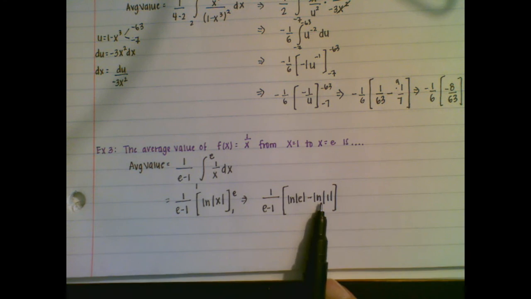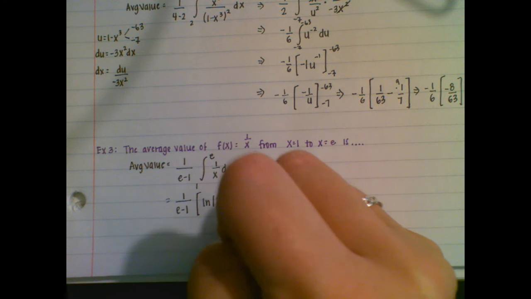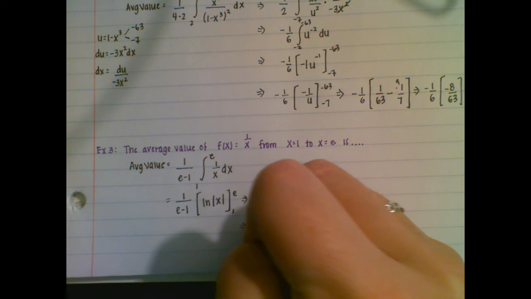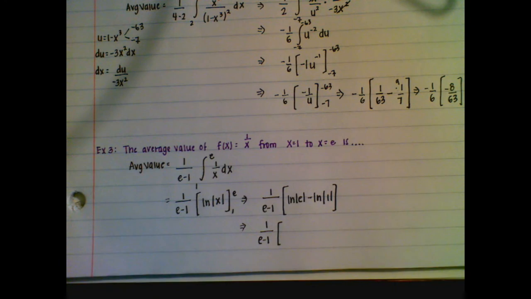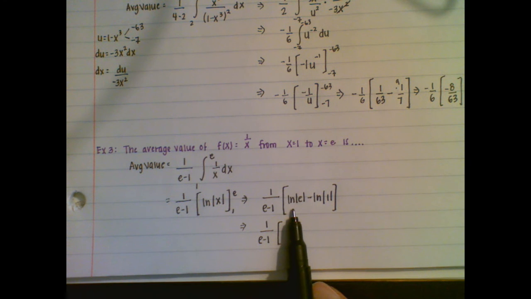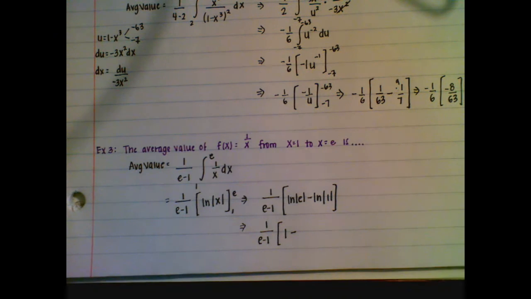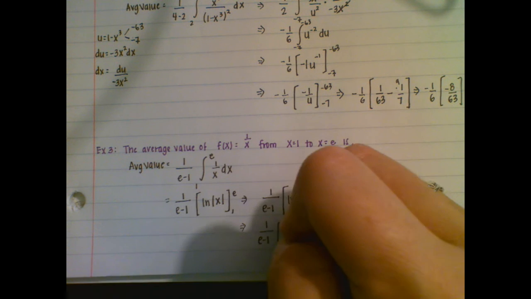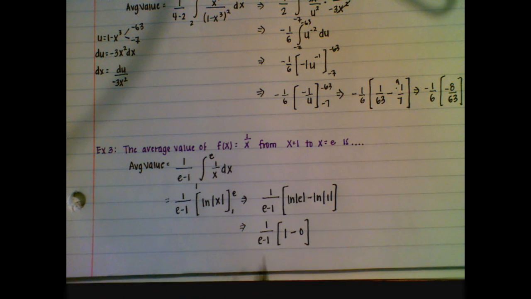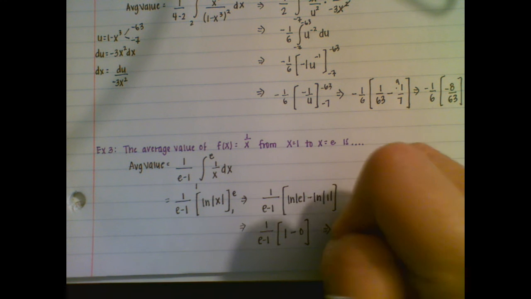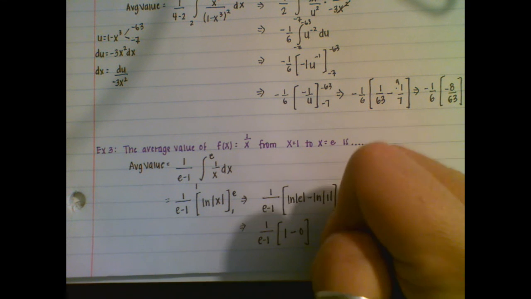And again, remember that these are just numbers, so that's really 1 over e minus 1 times ln of e is actually just 1 minus ln of 1 is actually just 0. So 1 over e minus 1 times 1 is just 1 over e minus 1.